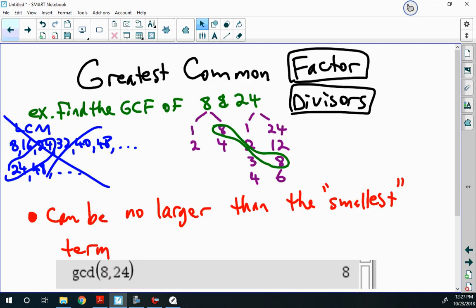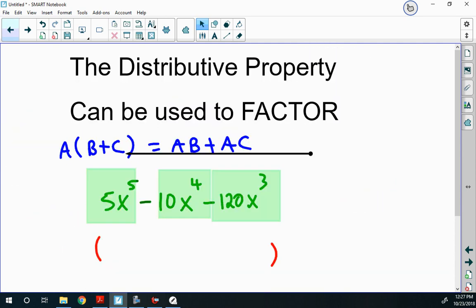All right, so let's go back and look at this one that we started then. Somebody mentioned a 5 here, right? 5's an excellent start, because if we're looking at 5, 10, and 120, 5 is the greatest common factor of just the numbers. However, we've got terms with variables.